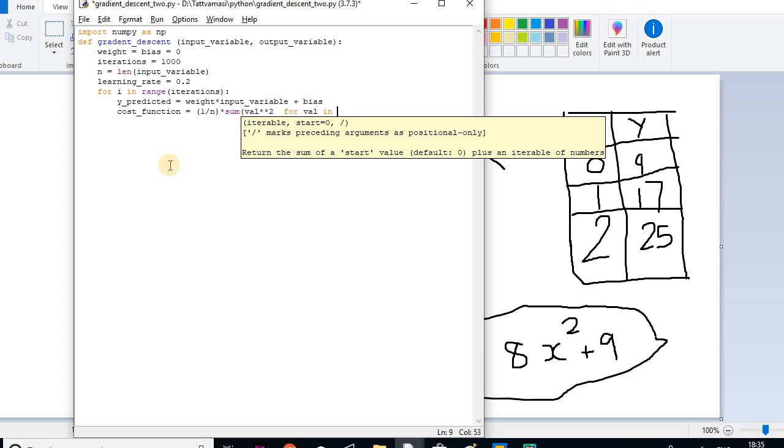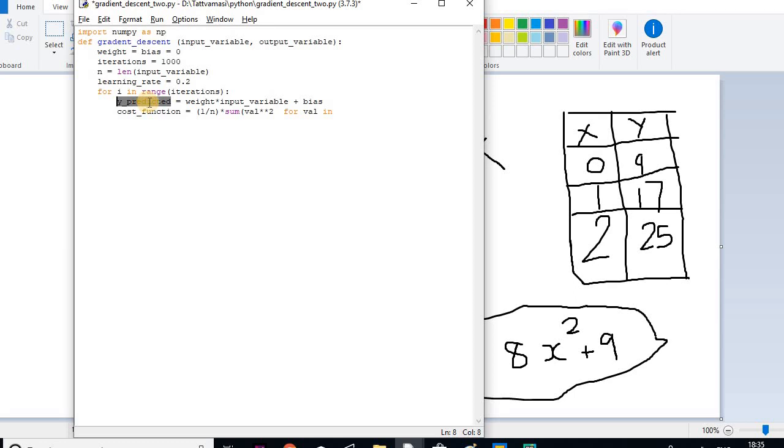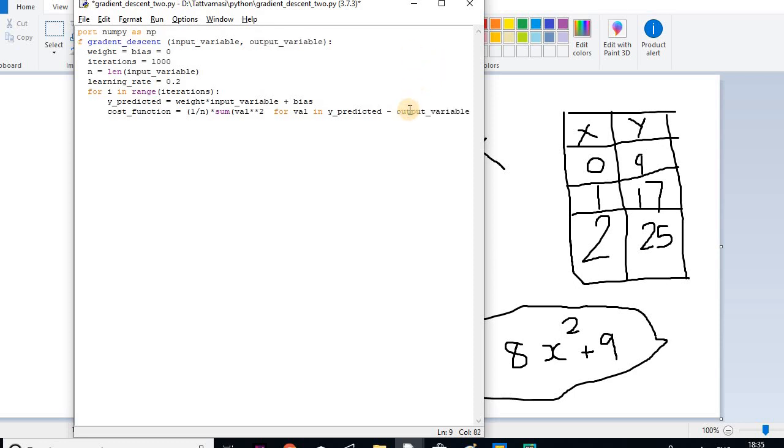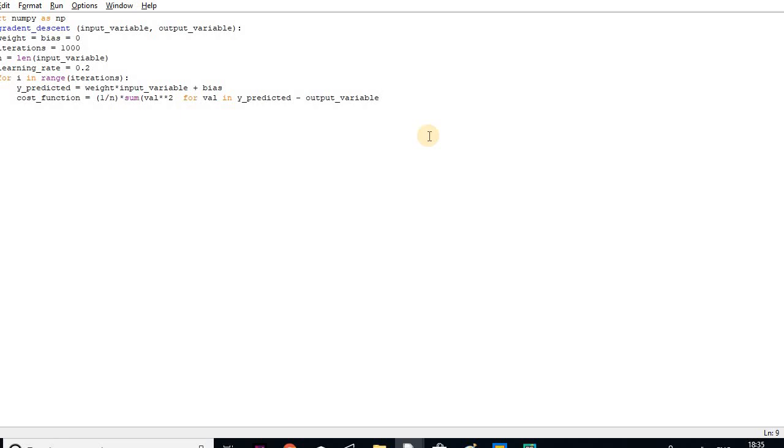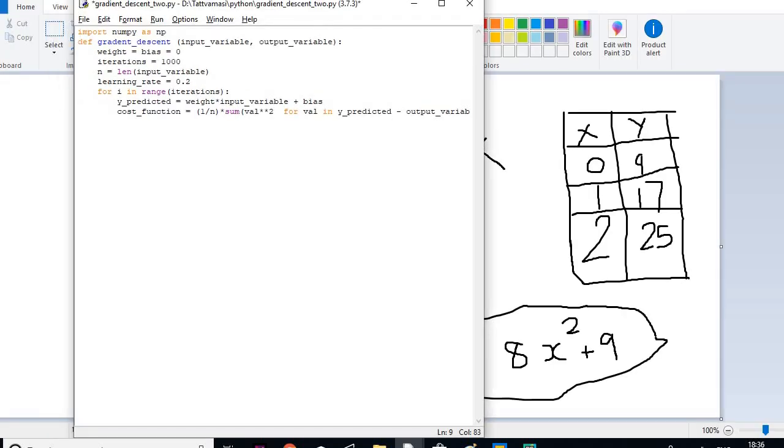So error is always the predicted value minus the actual value, that is the output variable, the actual value for y. So this is the cost function, it is 1 by n. Now we need to close the bracket, right? I am closing the bracket, so it would be like this. Okay, now it is perfect.